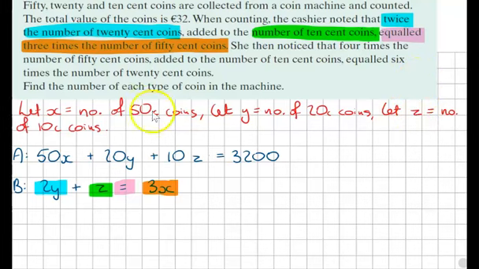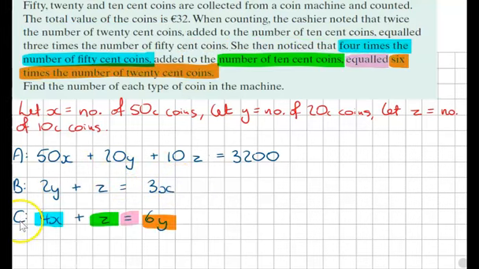Equaled just gives us the equal sign. 3 times the number of 50-cent coins, so 3x, because we let x equal the number of 50-cent coins. So equation B is 2y plus z equals 3x.